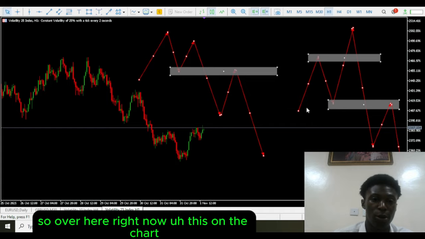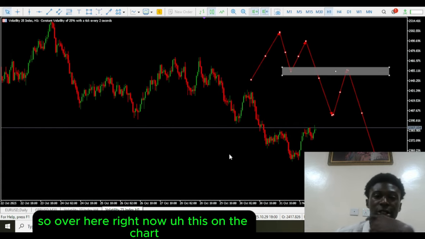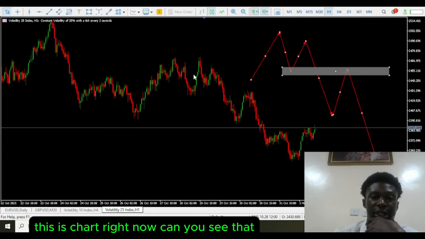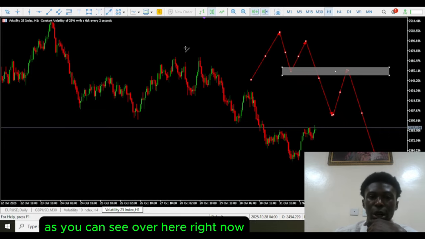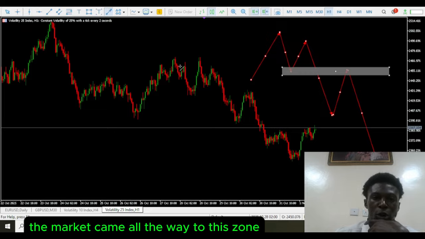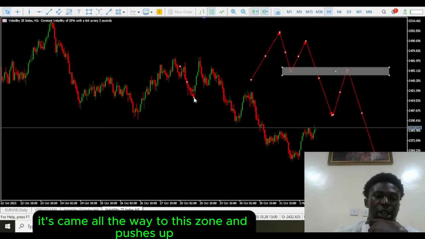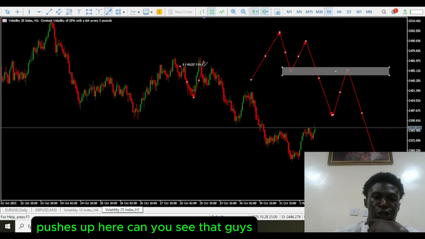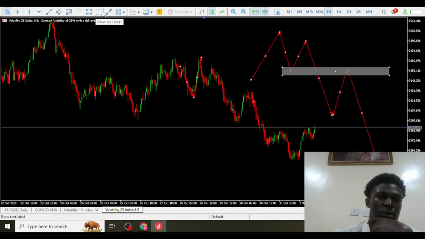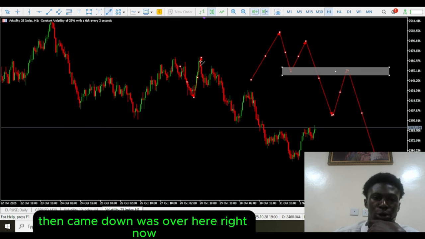So over here right now, this is the chart. Can you see this? As you can see over here, the market came all the way to this zone, and it pushes up here. Then it came downwards over here right now.